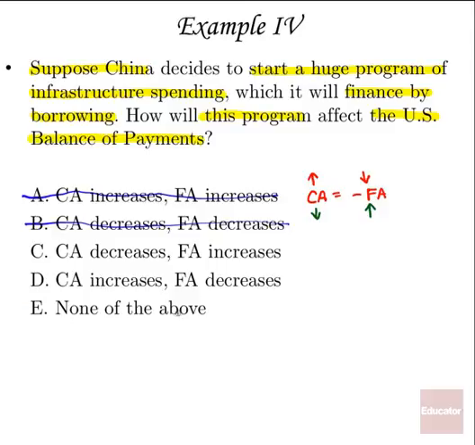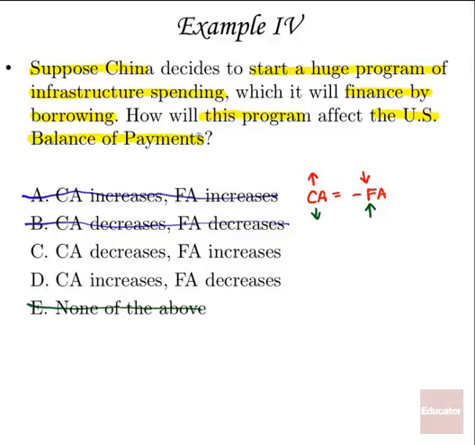Now, none of the above, I guess it is possible that they don't change at all, but this question seems to imply that something's going to increase or decrease. So E, none of the above, we can cross this out here. So even if you didn't know a whole lot about how to analyze current accounts, just based on knowing the equation, you've narrowed it down to a 50-50 shot. And that's a great thing to do here.